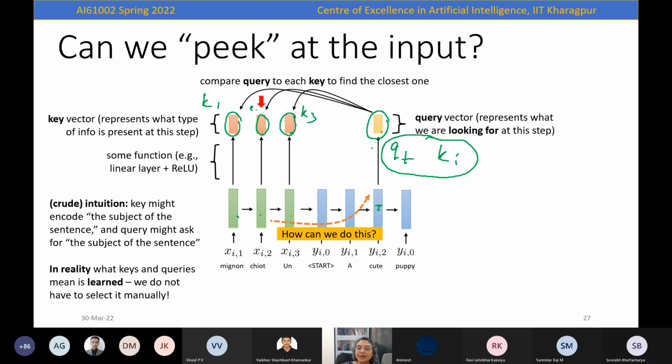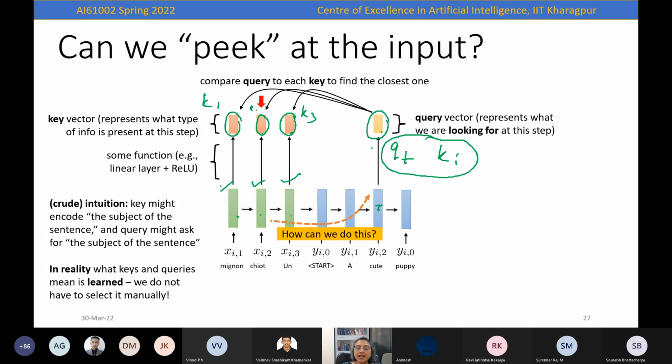Okay, and based on that, we are going to create a context vector which takes information from the ith encoder state. So in general, the context vector can look at each of the encoder states and sum them based on their importance.